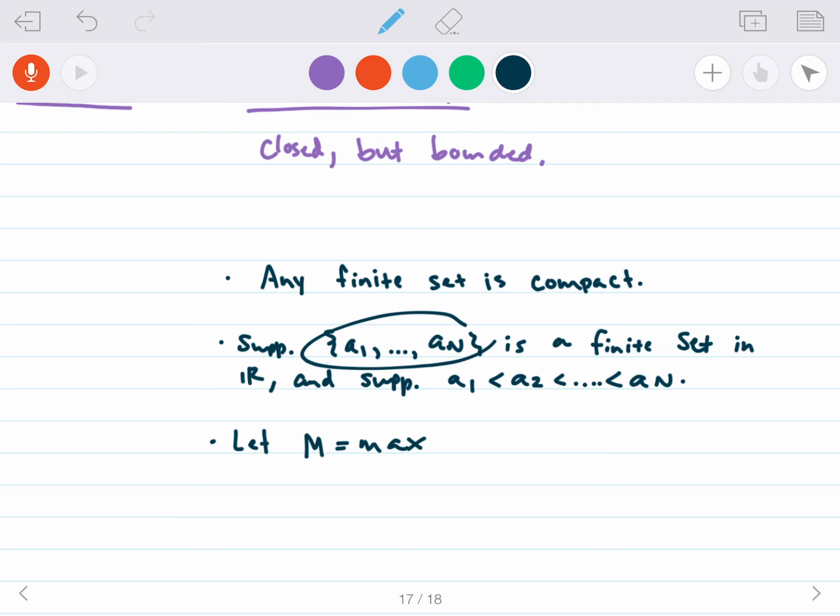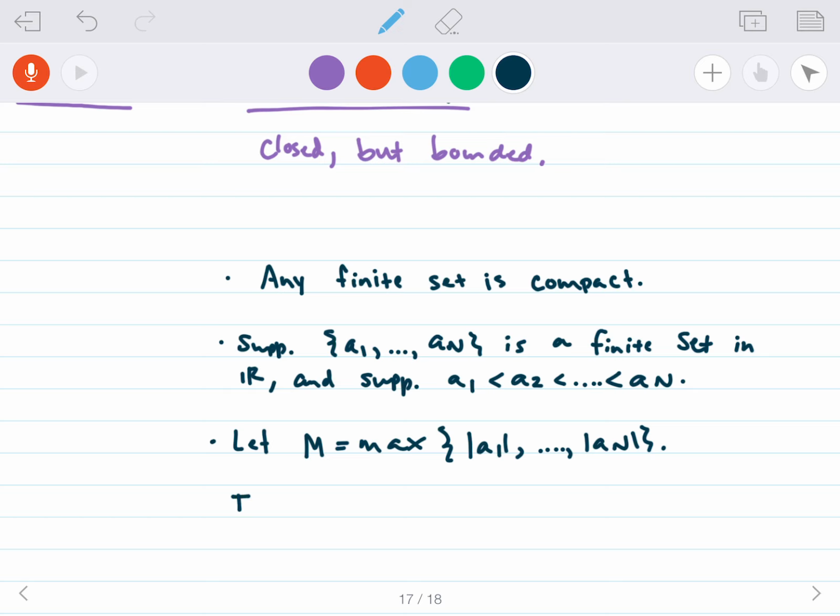If these are all negative, we might have some trouble, so let's ensure that we have the absolute value here, and define M as the max of the absolute value of a1, ..., absolute value of a_n.